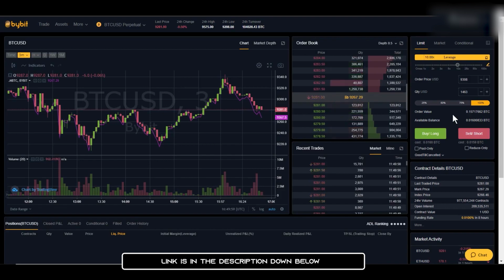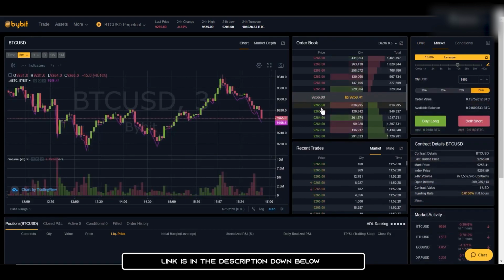And if it keeps on going down until it hits your liquidation price, you will lose your whole trade. So if you went in with your whole one Bitcoin and it went all the way down to your liquidation price, you will lose that whole Bitcoin. Okay? But if it goes up from your position, then you will be gaining times 10 every 1%.